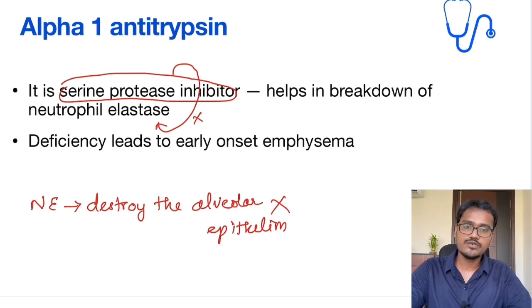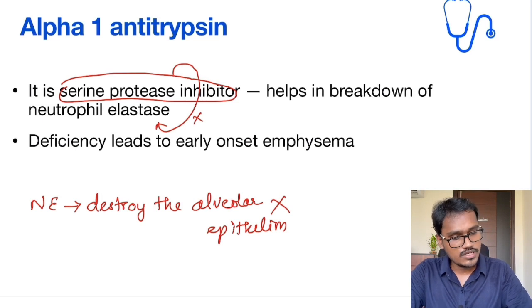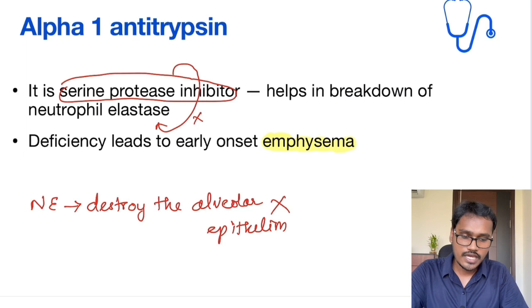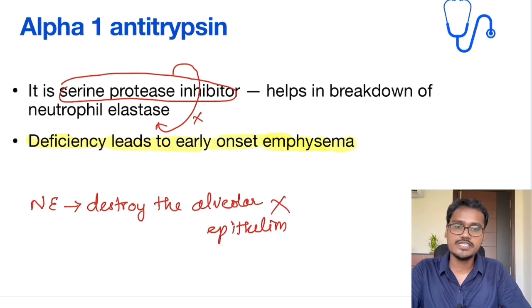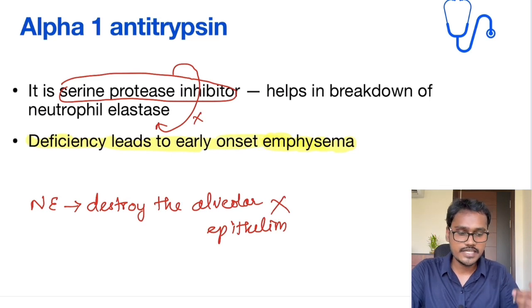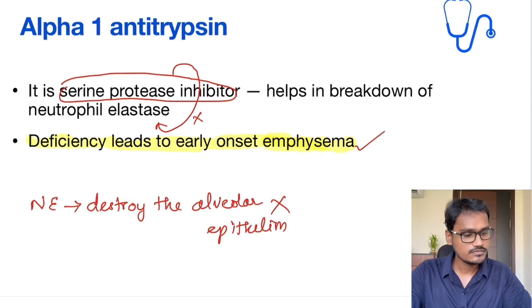The elastic nature of the lung goes into damage, and finally it will lead to a disease called emphysema. And these patients who have alpha 1 antitrypsin deficiency, obviously they will have early onset of emphysema, because this neutrophil elastase will keep on destroying the alveolar epithelium. So they can end up in early onset emphysema. This is very important. It is clinically important.